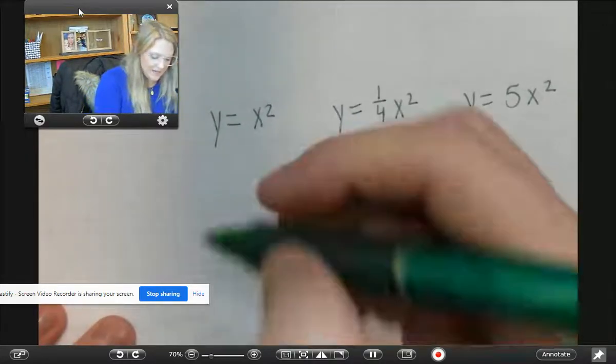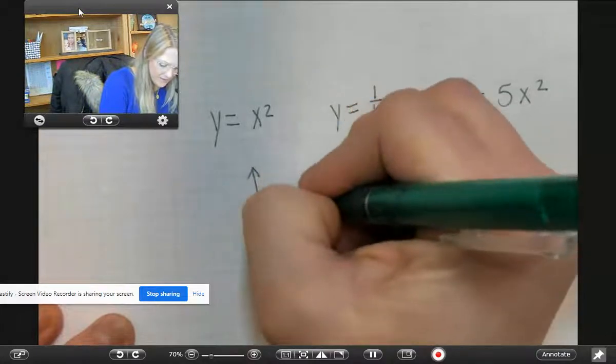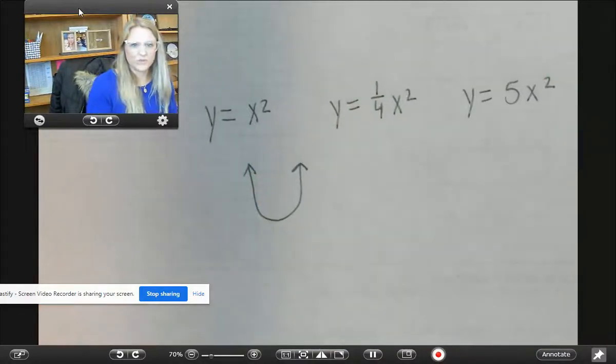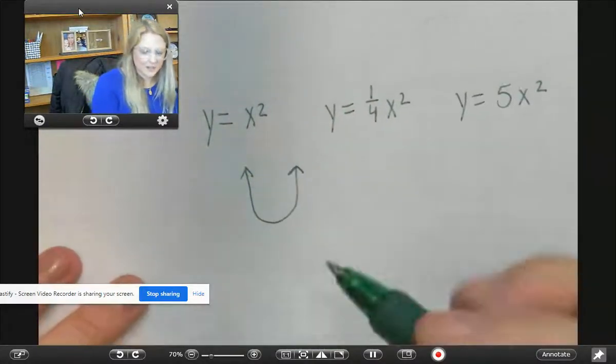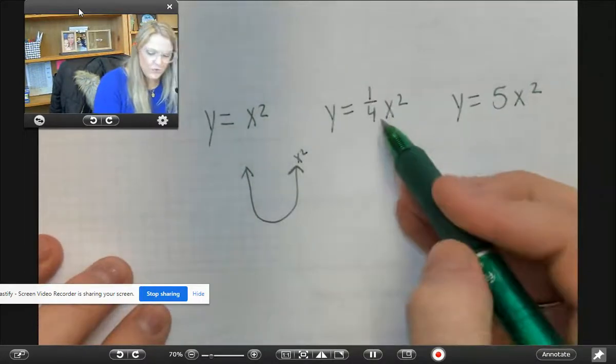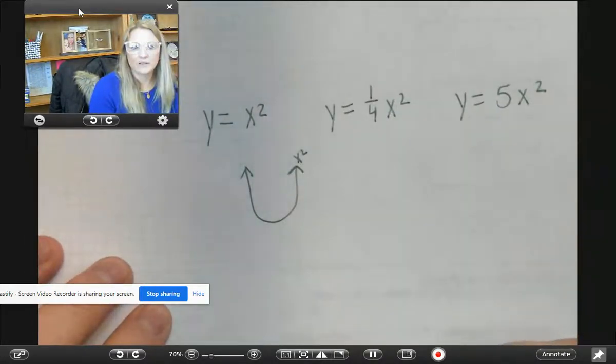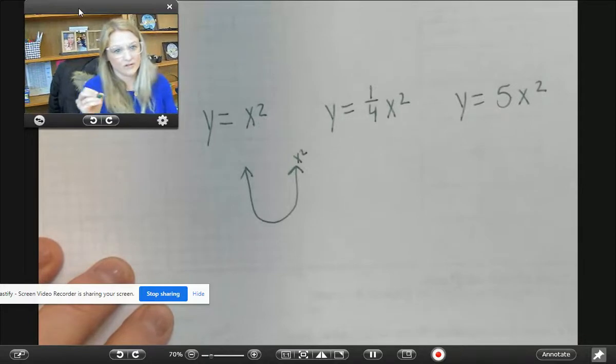So y equals x squared, okay, just sketch it, right? Just make up a parabola, okay? Here's x squared. What's the 1/4 going to look like? Okay, remember it's going up 1 over 4, so it's wider.